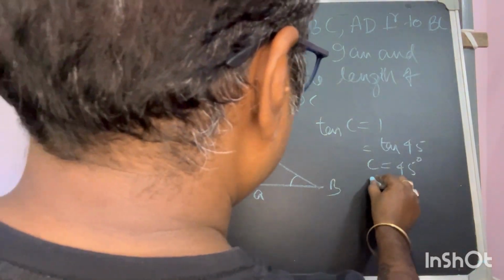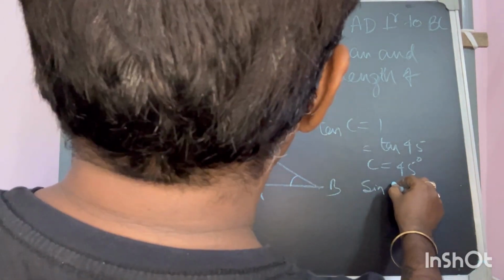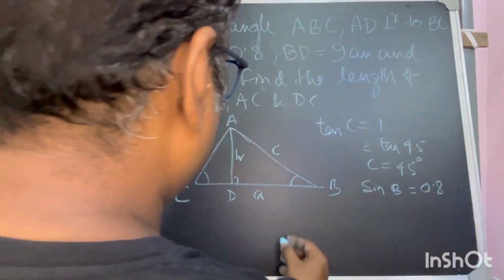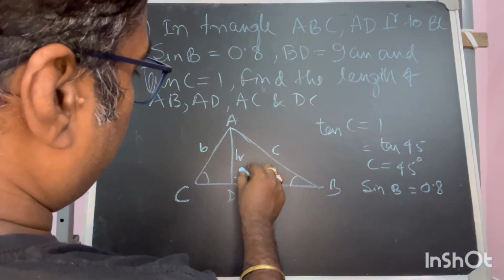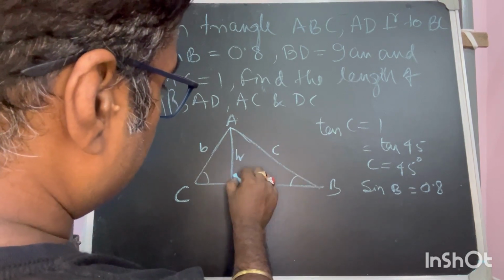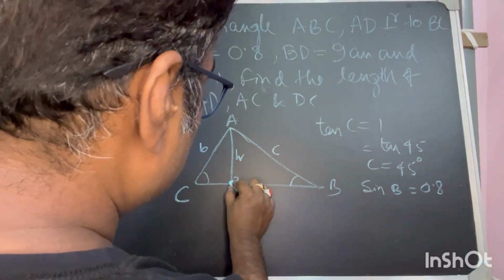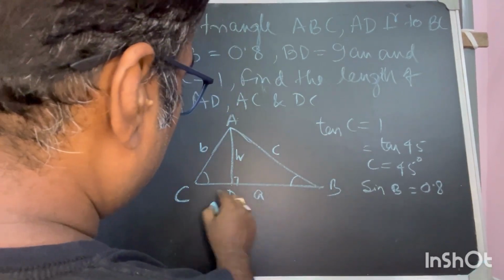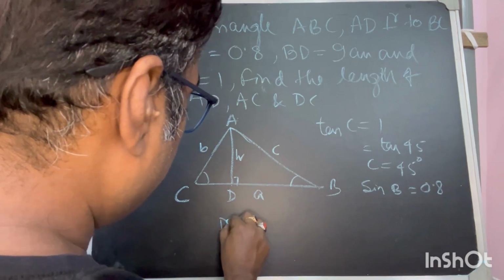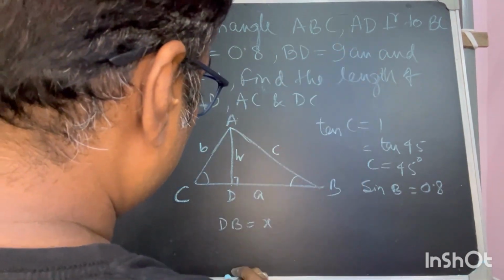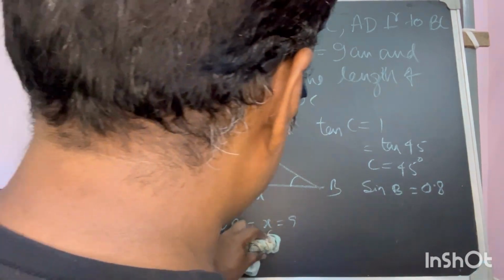And sine B is said to be 0.8. So sine B, if I take from this right angle triangle, is this part by hypotenuse. So this part, maybe I take DB is equal to X. DB is given 9, so need not take anything.